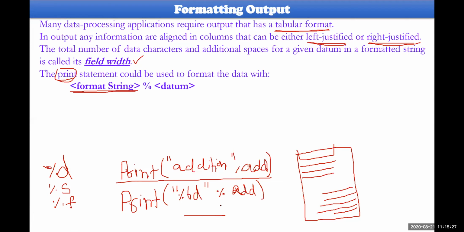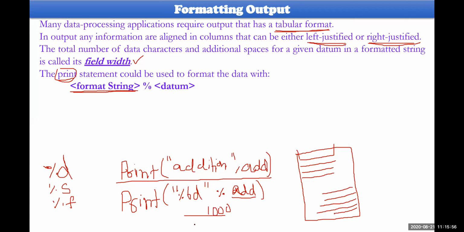Out of the 6 characters, however many digits you have are supposed to be placed in right justification mode. Let me give you an example of right justification mode. For example, 1000 you would like to print here, in this way you have to print in right justification mode.